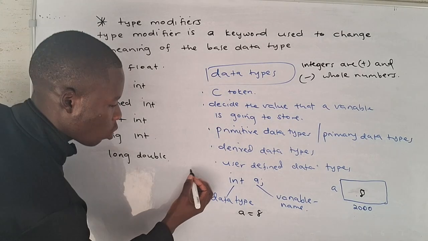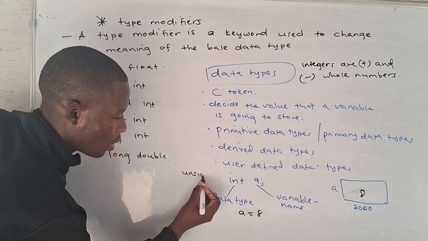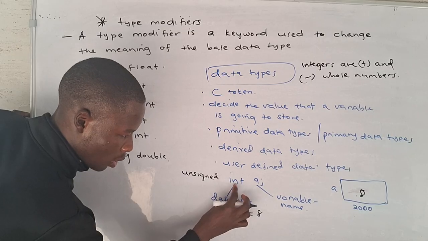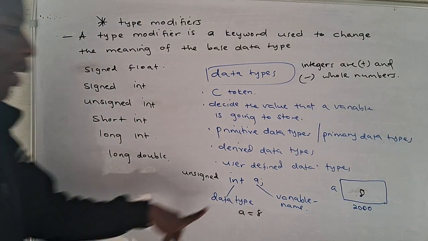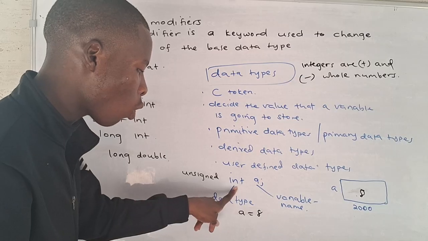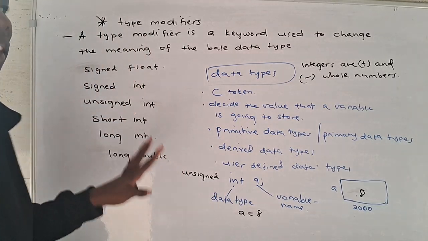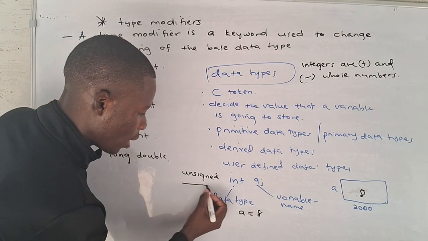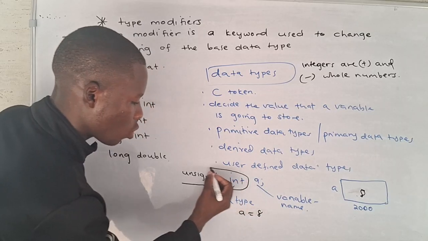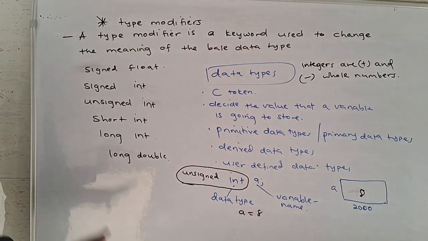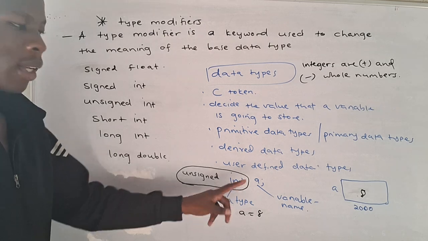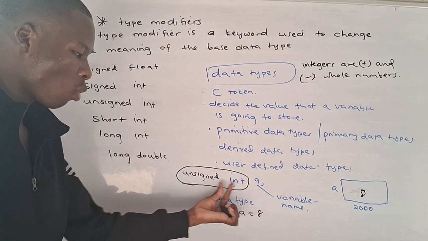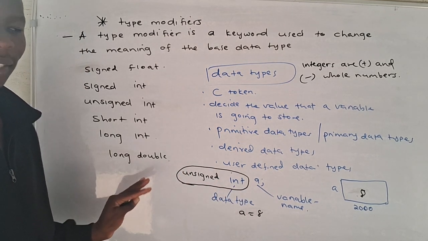How? I am going to write unsigned int a. What is the meaning now? A is going to store only positive integers. If you write unsigned int, it means a is going to store only positive integers.